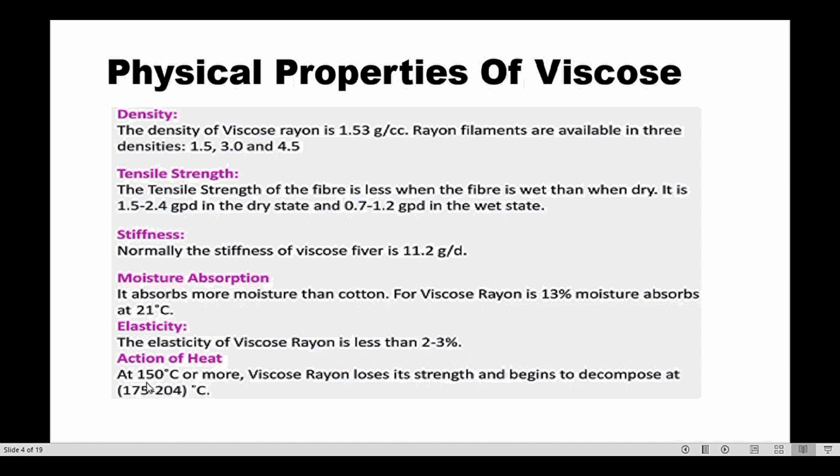Action of heat at 150 or more. Viscose rayon loses its strength and begins to decompose at 170 to 204 centigrade. Most fibers have such a reaction on bearing the heat.